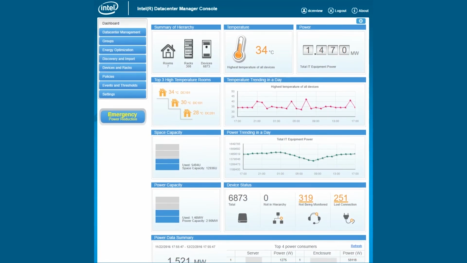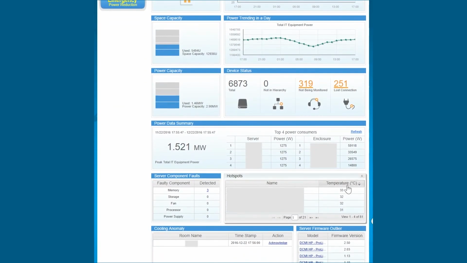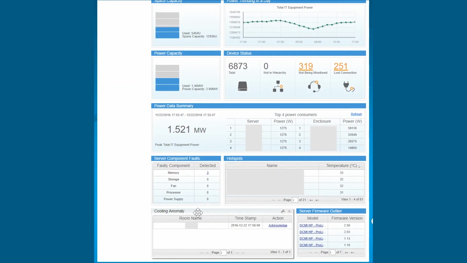And the last capability I want to show you today is the cooling anomaly analysis. And this is where Intel DCM crosses the line from being a monitoring and control tool to being also a predictive tool. And I will explain.